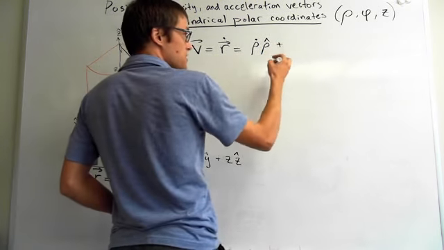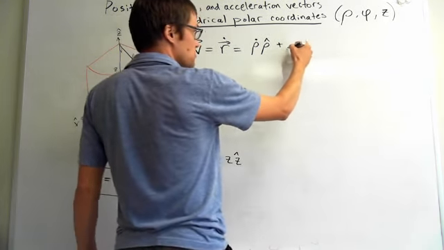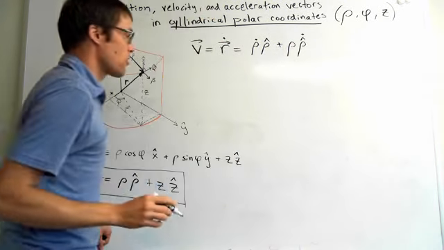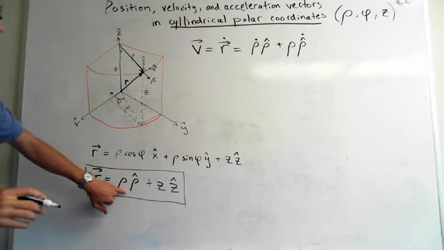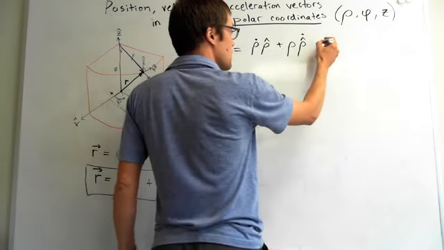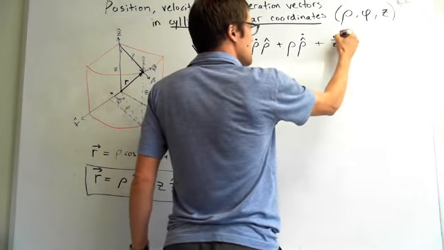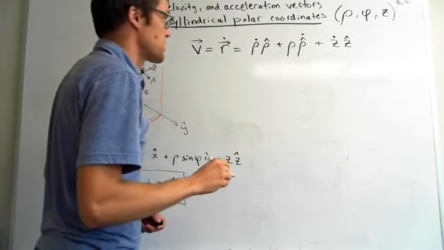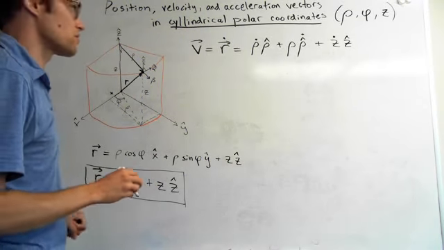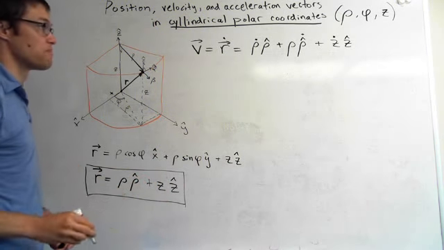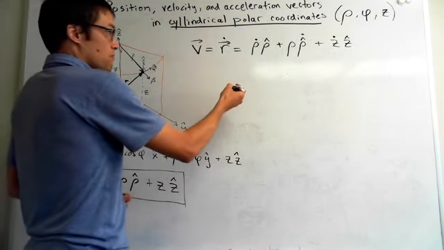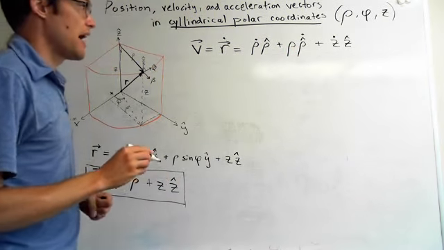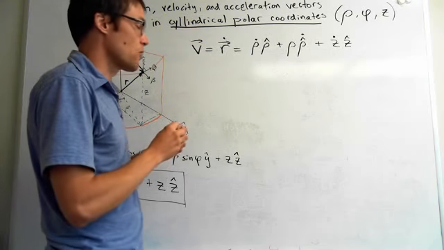Now, but rho hat itself depends on time if the particle is moving around. So you also have this term. I just used the product rule on this first part of the sum here. Plus z dot z hat. And now z hat is always stationary no matter where the particle goes, so there is no second term in the product rule for that term. Okay, so we have to figure out what is rho hat dot.